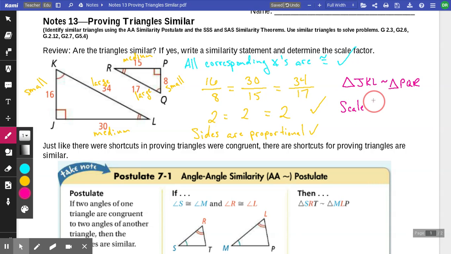We could either put 2, which is what we saw when we reduced our sides, or it's also acceptable to say 1/2, and that's all based on the order of your comparison. So whether you're comparing going from the larger to the smaller or the smaller to the larger, both of these scale factors are okay.